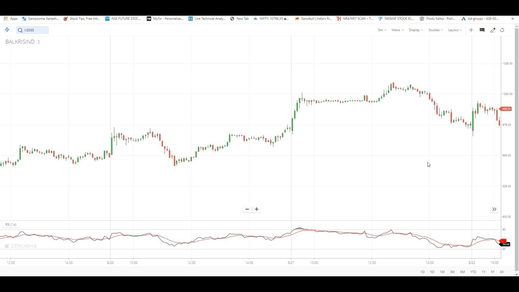It is a momentum oscillator which trades between 0 and 100. Generally we mark 70 as overbought and 30 as oversold, and we use it with a default period of 14 on the daily time frame.